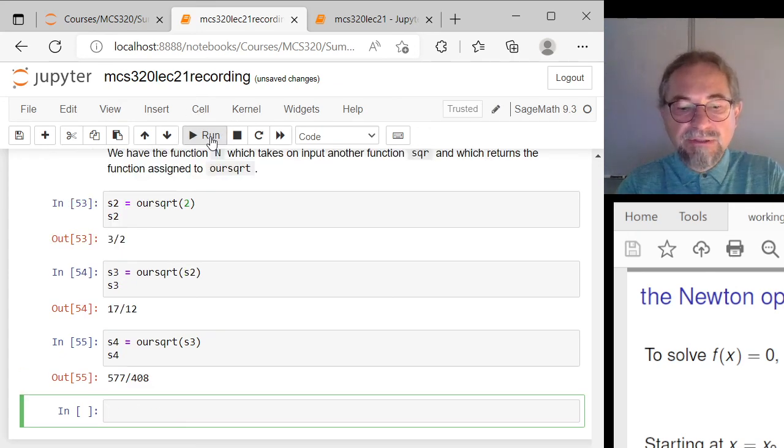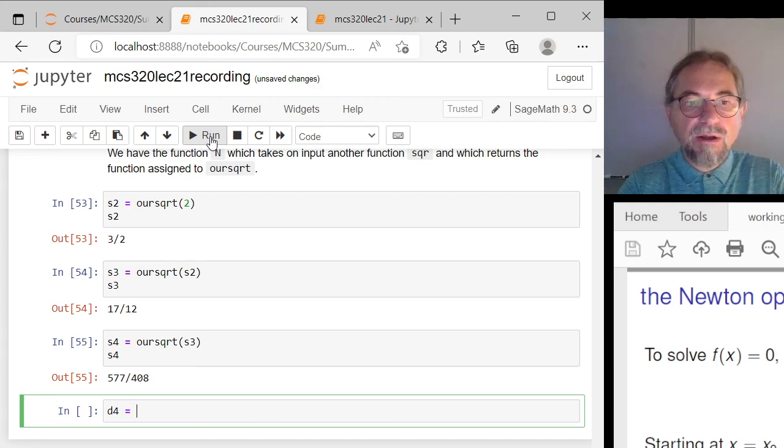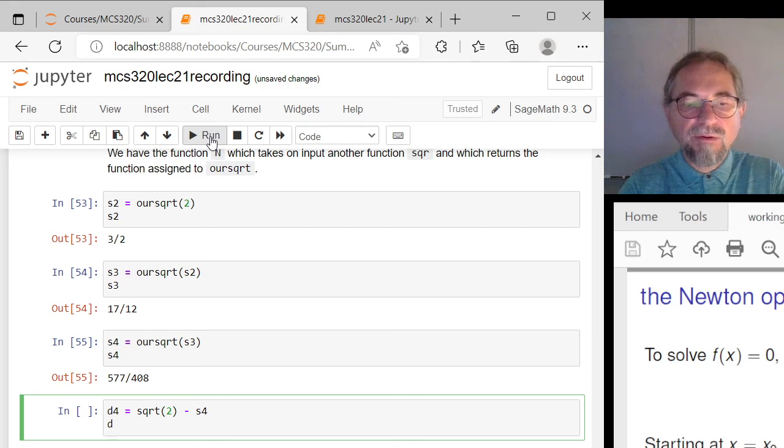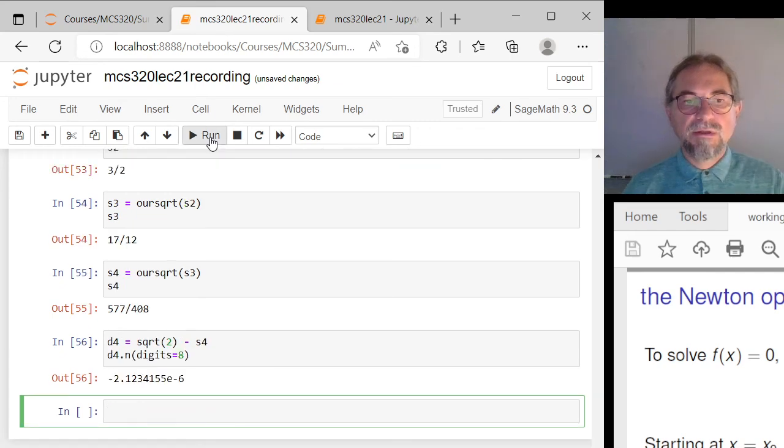So how accurate is this rational number? Well, I will compute the difference of square root of 2 and S4 and evaluate this with 8 digits. So you see I have 6 decimal places correct. Let me do one more step to illustrate the quadratic convergence.